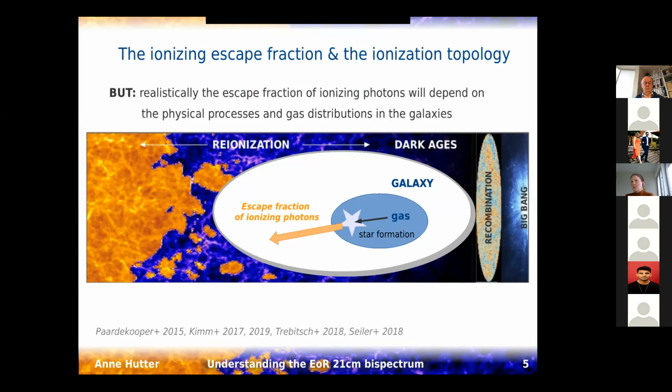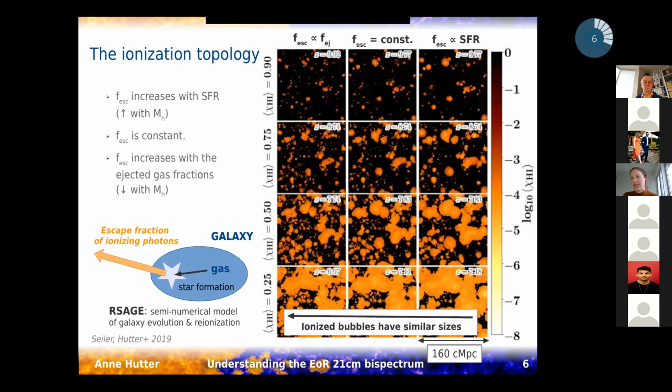Based on this motivation, we have taken a semi-analytic galaxy evolution model, and we have implemented 3 different models where I just want to present to you the resulting ionization topologies, how different they can be. We have the fiducial case, which is the middle panel, where we assume the escape fraction of ionizing photons is constant for all galaxies over all times.